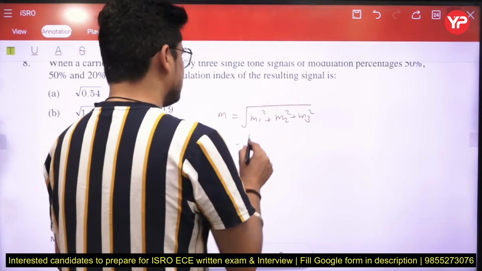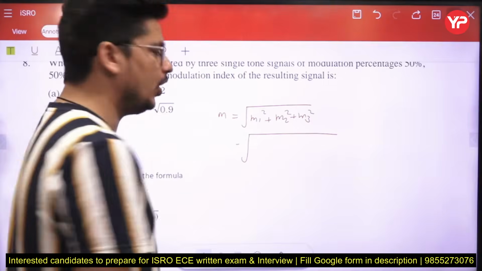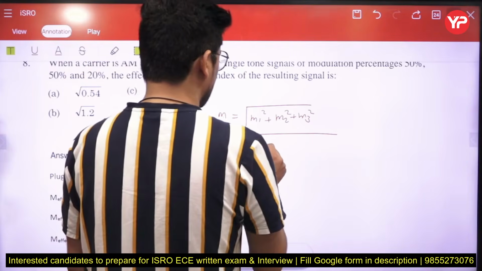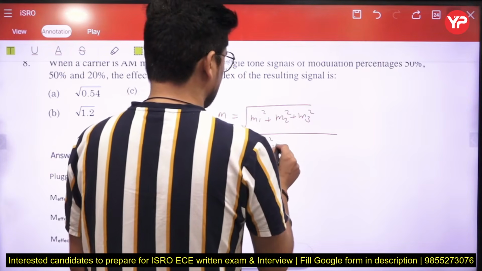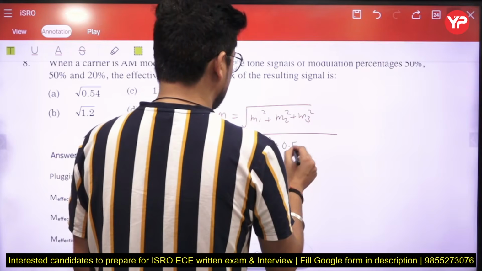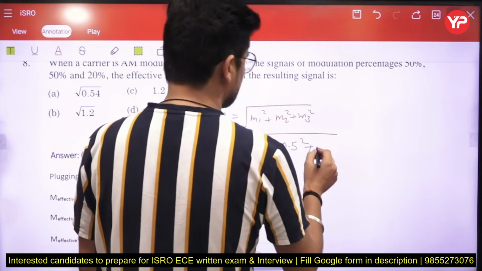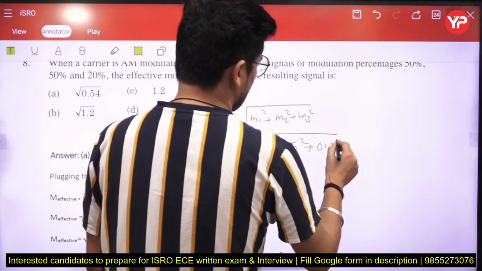Basically m1 is 50%, which means 0.5 squared. Next is also 50%, so 0.5 squared. Next is 20%, so 0.2 whole squared.